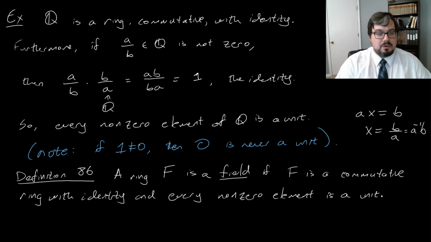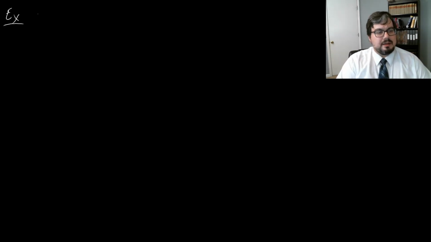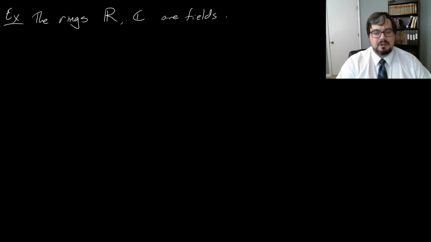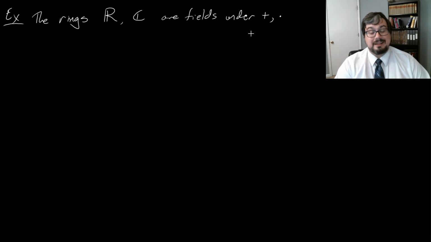All right, so let's look at some other examples of fields. Now, every field is a ring. It's a ring with special properties, but the rings of the real numbers and the complex numbers are also fields under standard addition and multiplication.